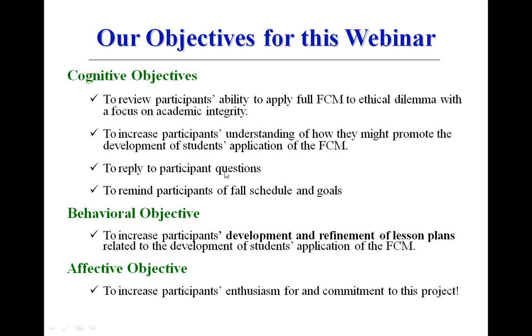We want to reply to your questions, and I should have reminded you of the fall schedule and goals. The overall goal, as you head into the summer, is to hopefully get you continuing to develop or refine the lesson plans you've already submitted, so that come August, early September, you're ready to go.